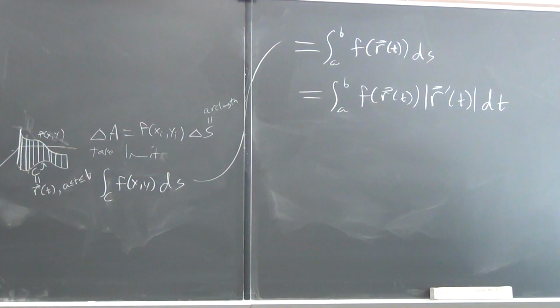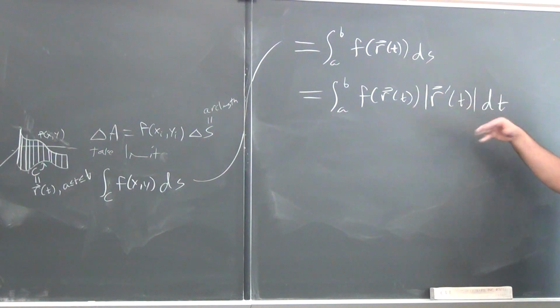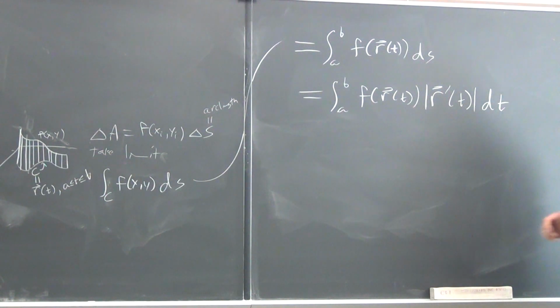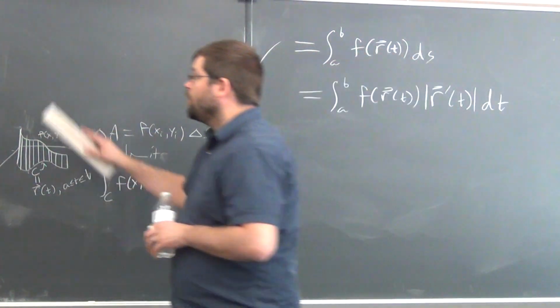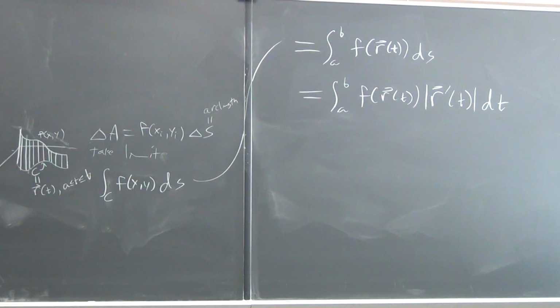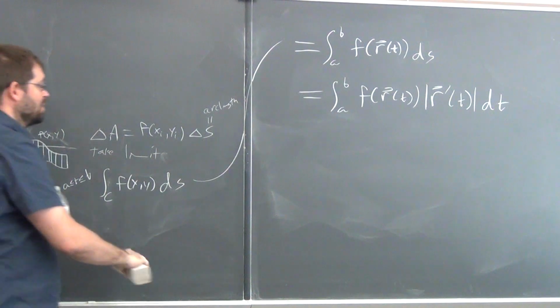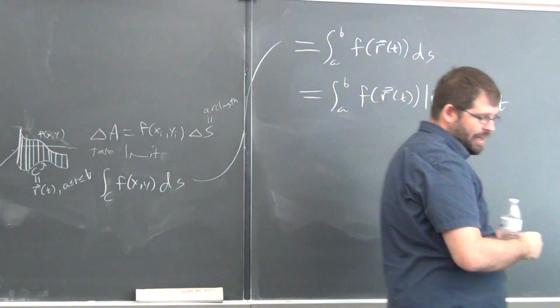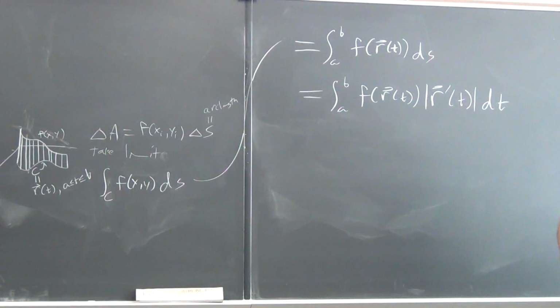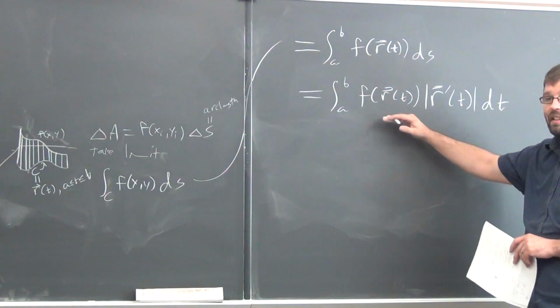So there's our generic arc length formula, the one we use for basic examples. Things will get messier as we move along, and we'll have to come up with other approaches to calculate a line integral. But this is the line integral over that curve. So take this as the definition for now.